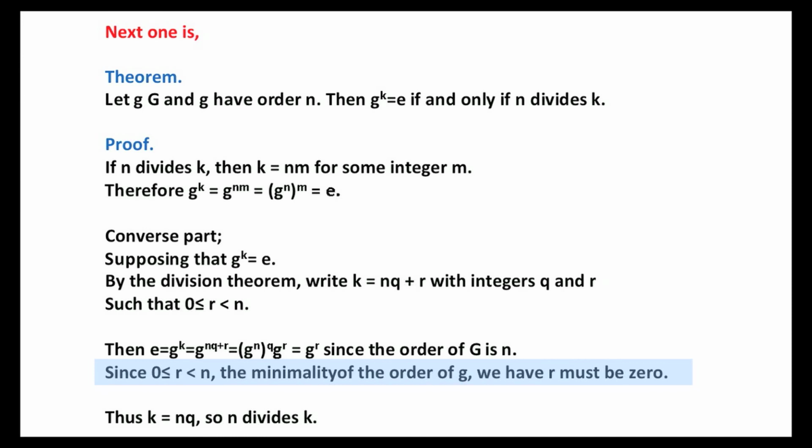Since 0 is less than or equal to r, which is less than n, by the minimality of the order of g we have r must be 0. Thus, k is equivalent to nq, so n divides k.